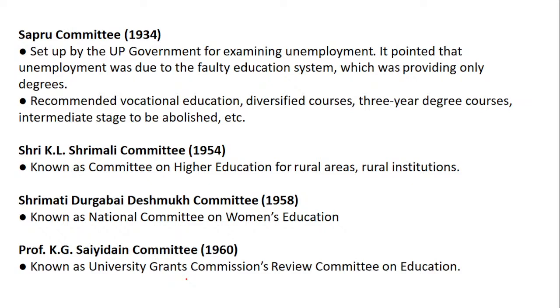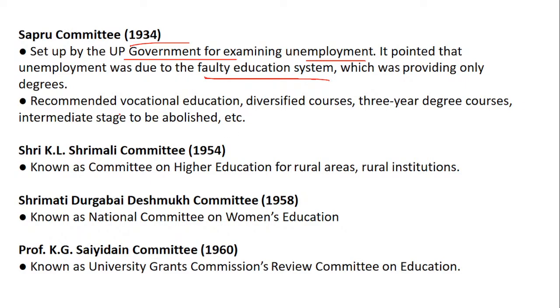Now, the Sapru Committee, which was set up in 1934 by the UP government for examining unemployment, pointed out unemployment which was due to a faulty education system. Now see, faulty here means it was providing only degrees, there was no quality education. So there was one statement for this: faulty education refers to the quality of education.